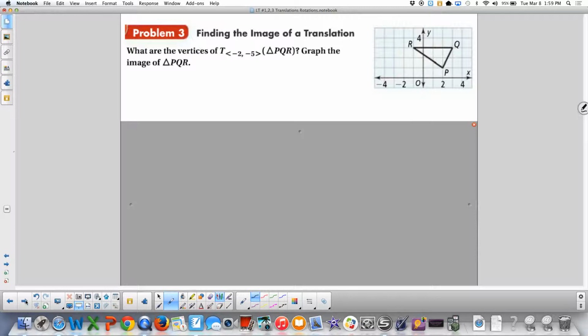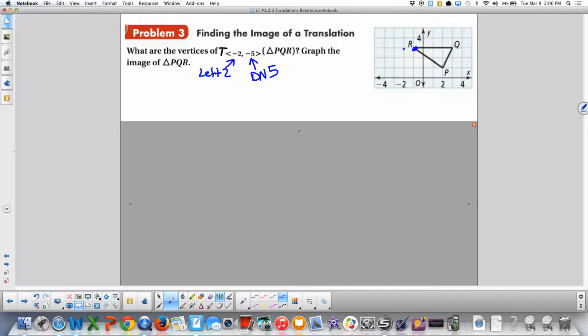Let's take this example. We have a capital T here for translation, and we've got -2, -5. So the -2 tells us our left-right movement, and because it's negative, we go left 2. And the second number tells us our up-down, and because it's negative, we go down 5. So we take each of our points and we go left 2, down 5.